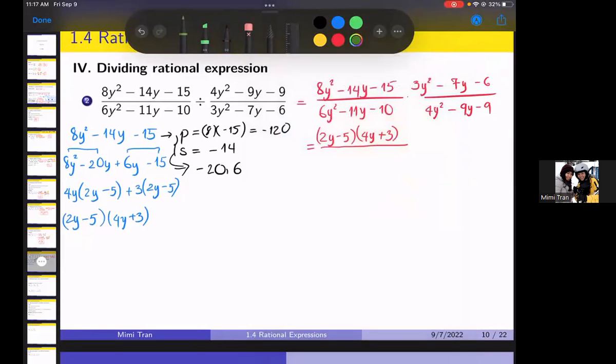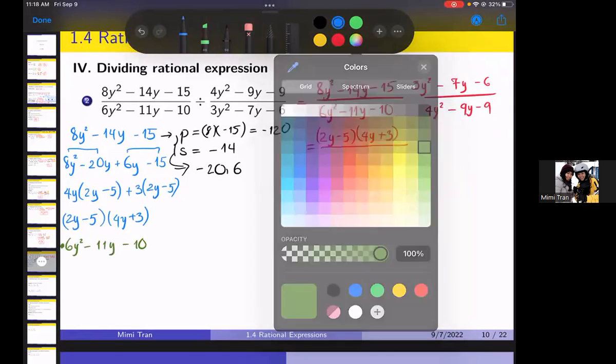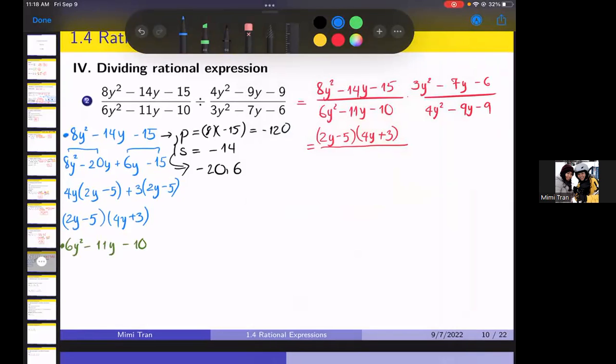Okay, the second one, use dark green here, 6y squared minus 11y minus 10. Let's put a little bullet point there. So again, I'm looking for a product, which is A times C, which is 6 times negative 10, which is negative 60.